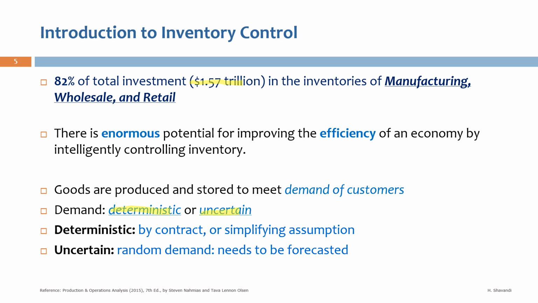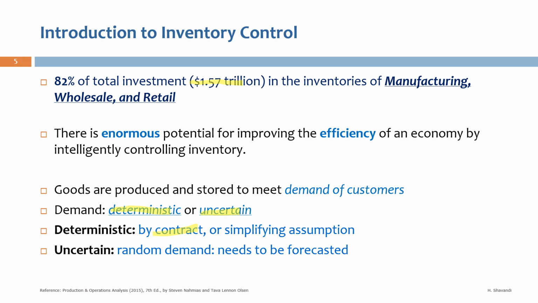If we have contracts with our customers, let's say a manufacturer has contracts with its customers to ship a certain amount of inventory or goods to its customers over the next 12 months, then we can say the demand of this manufacturer is deterministic.